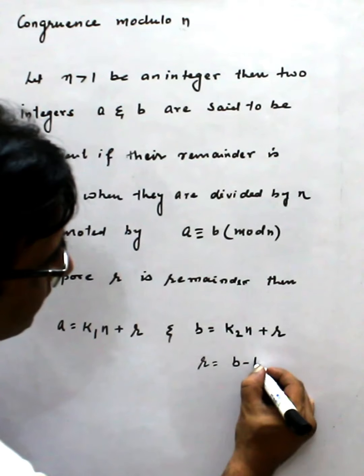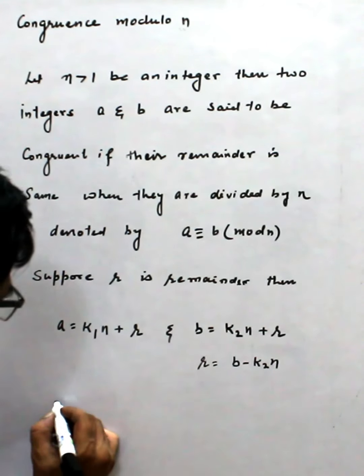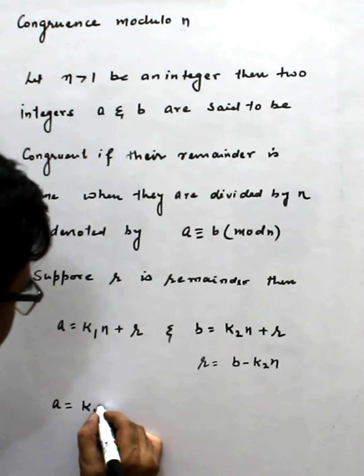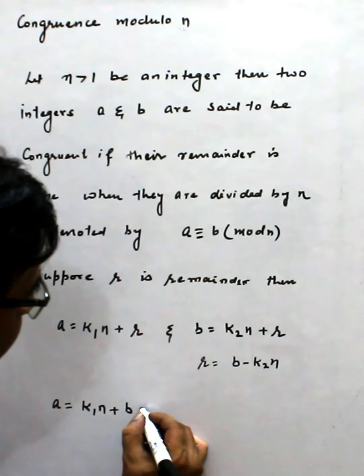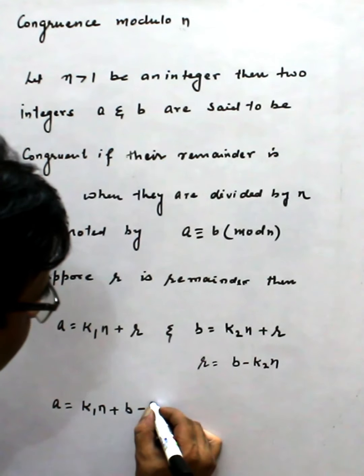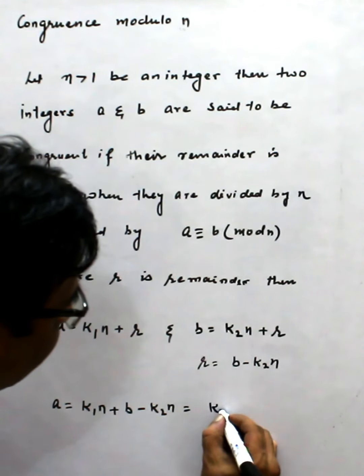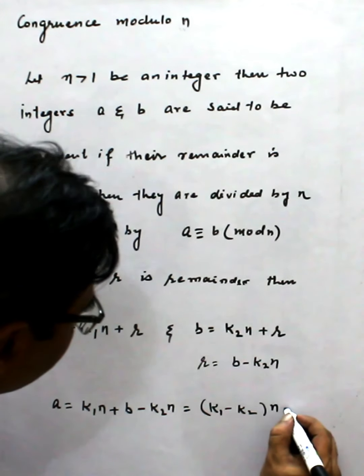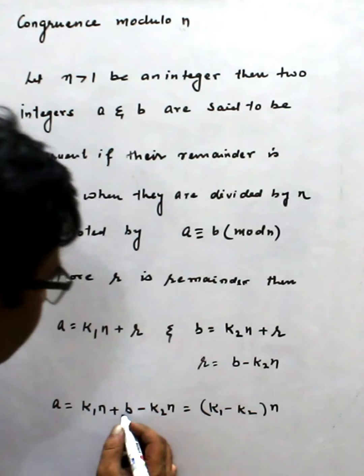So if I solve this equation for r, r becomes b minus k2 n, and if I place this r here, then a is equal to k1 n plus b minus k2 n, which is k1 minus k2 times n, plus b.